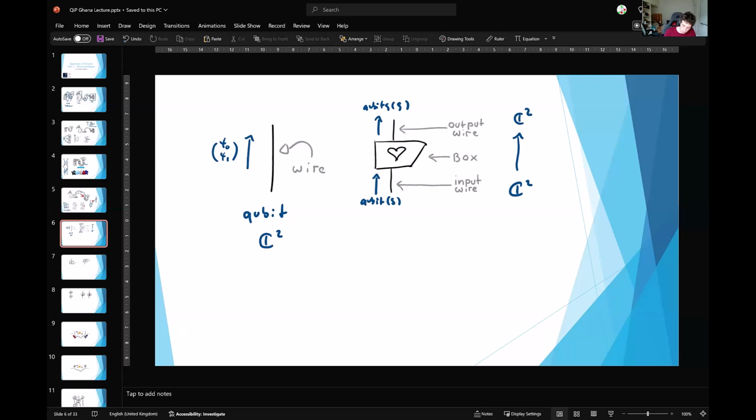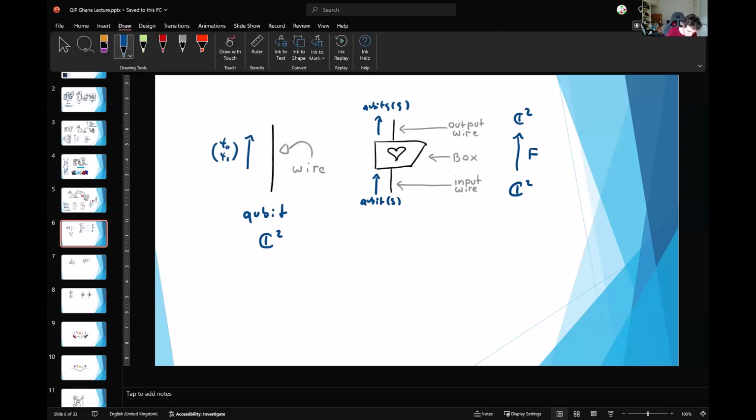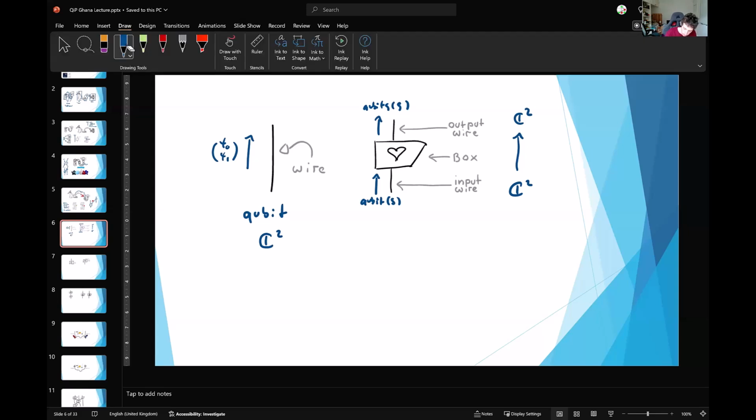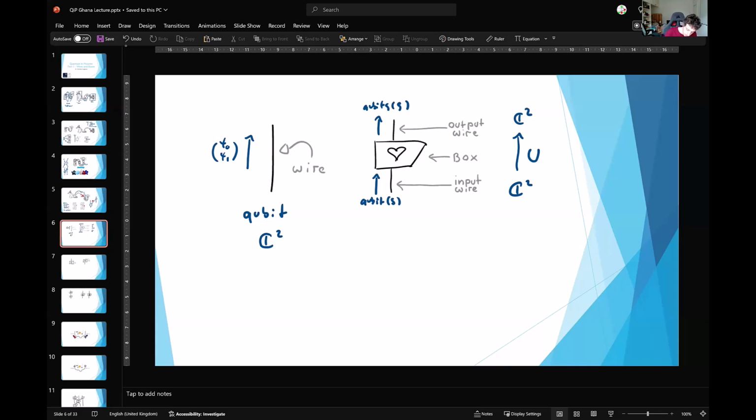And so it's a matrix. It's a linear map. It could be a unitary, but more generally, it could be some other map. I'm going to call it U, for consistency with other things you might have read. But really, all it is is just a matrix.